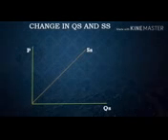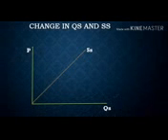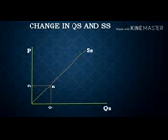Okay, to illustrate it graphically, let's say this is the original, the usual supply curve. Here we see that at point N, the price was P naught and the quantity supplied was Q naught. Now let's say the price increased to P1. What happens next is that quantity supplied increases, as you can see.